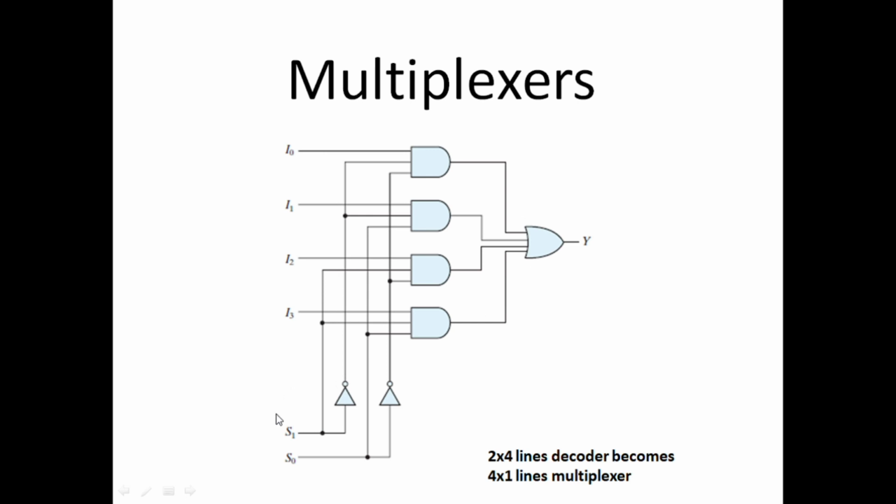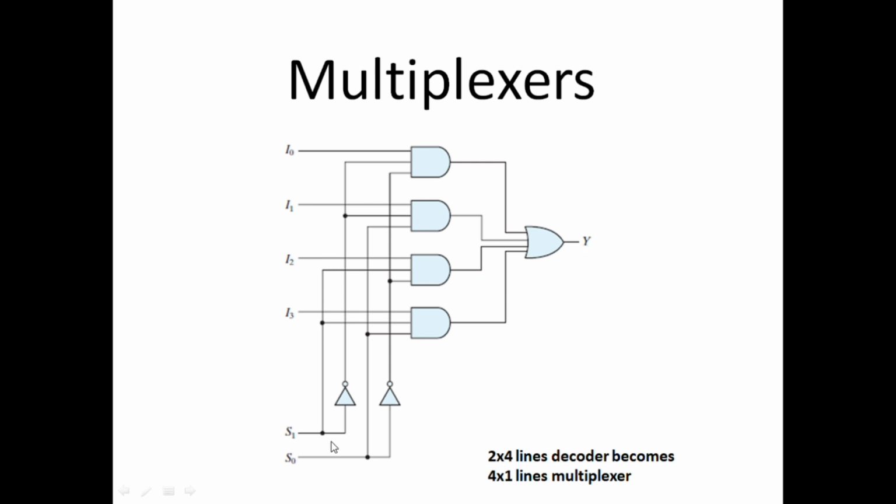How? These input lines of the decoder are now the select lines of this multiplexer, because the value of these two lines selects any of these inputs to be connected to the Y output.